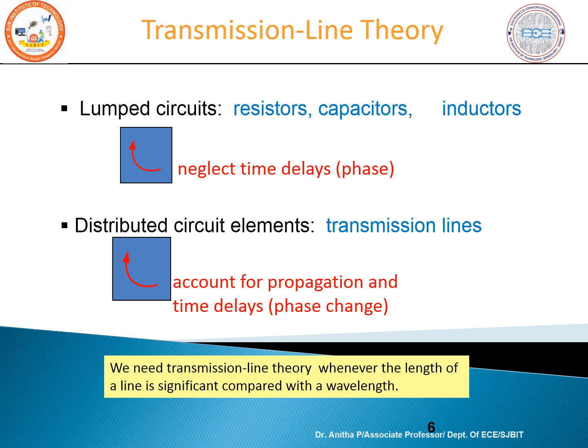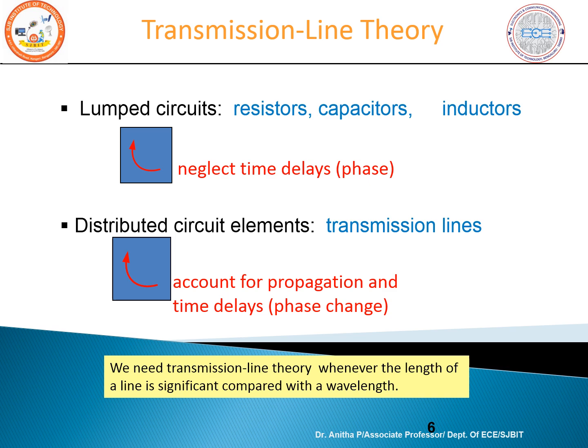As we know, normal capacitors, inductors, and resistors are lumped components. At low frequencies, if you calculate the wavelength from the frequency, as frequency is low, the lambda value will be very high, and the wavelength is not comparable to the component size.